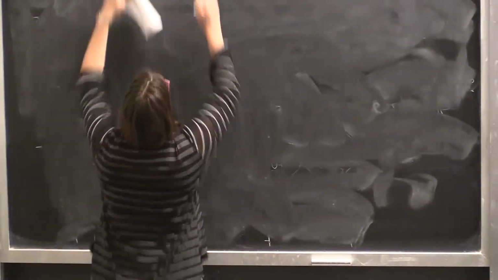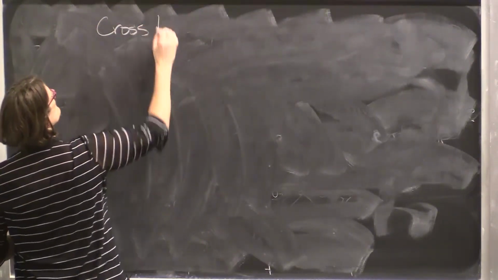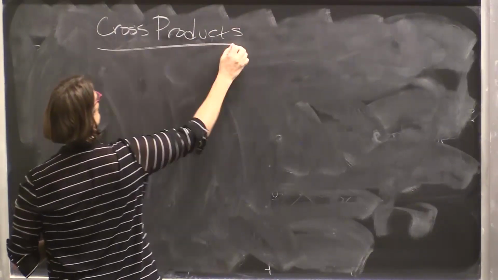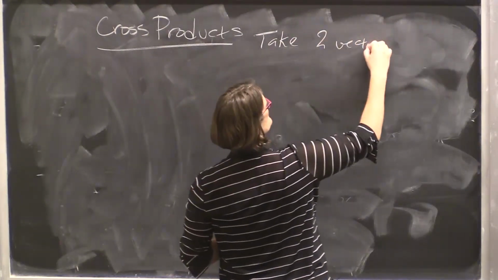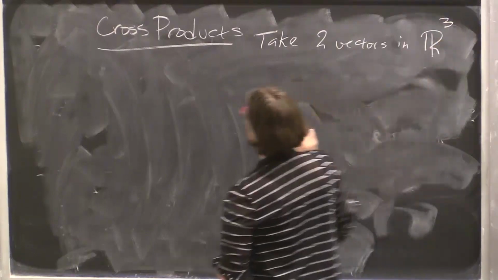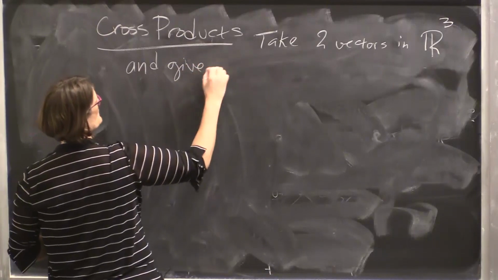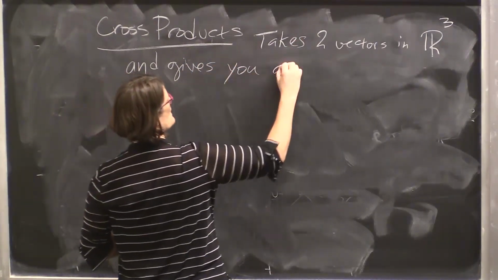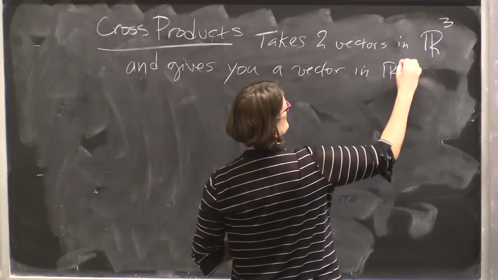Now, cross products take two vectors in R3 and give you a vector in R3.